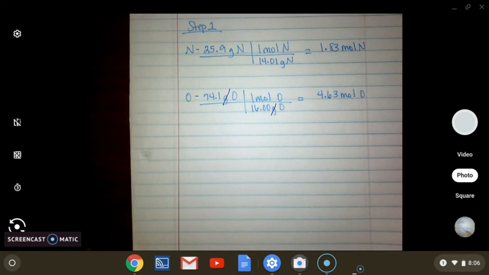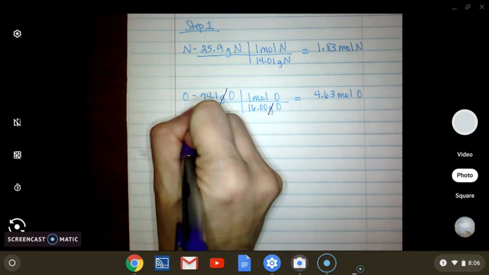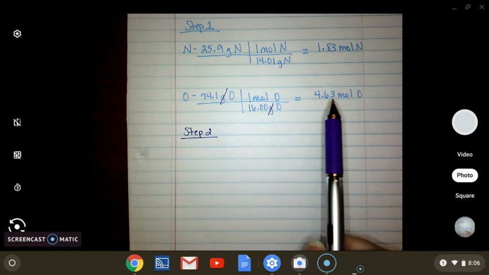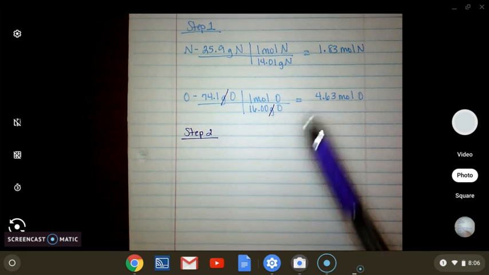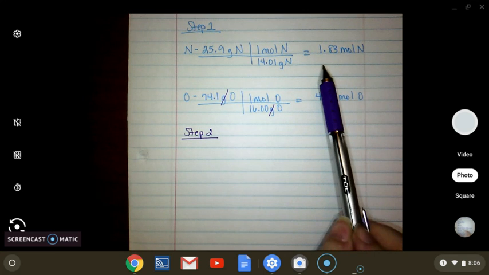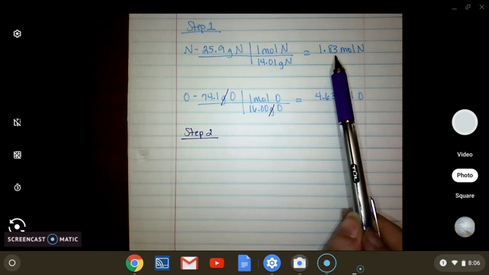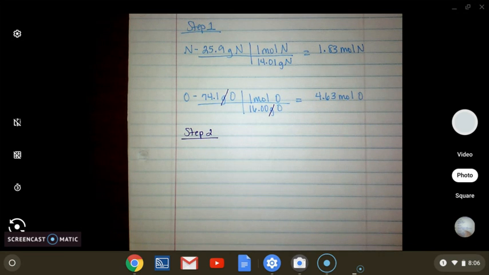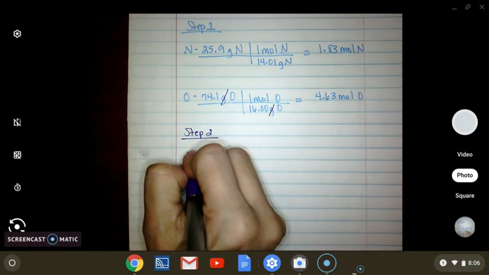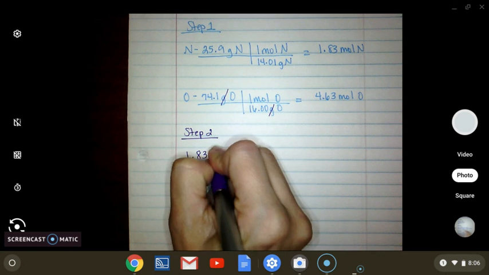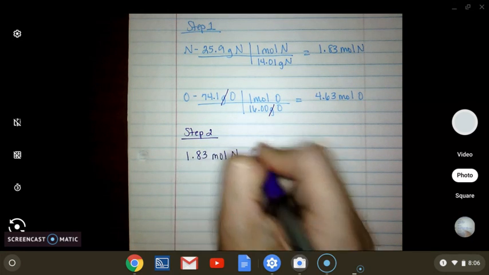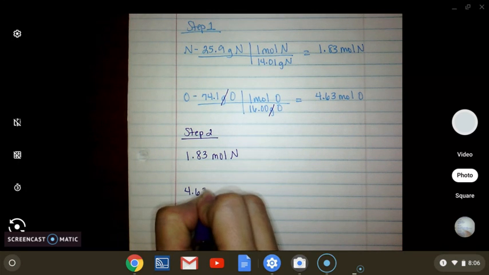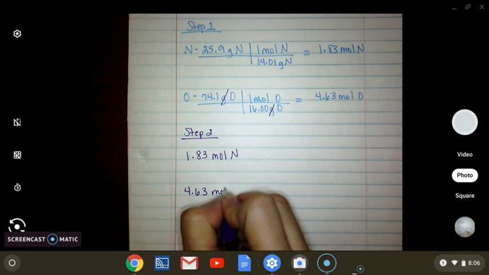Going to move it up a little bit. All right, step 2. This is where you're going to take each of these and divide by the smallest ratio, or smallest mole, to get your mole ratio. So your smallest number is 1.83. So you have 1.83 moles of nitrogen, and then you have 4.63 moles of oxygen.